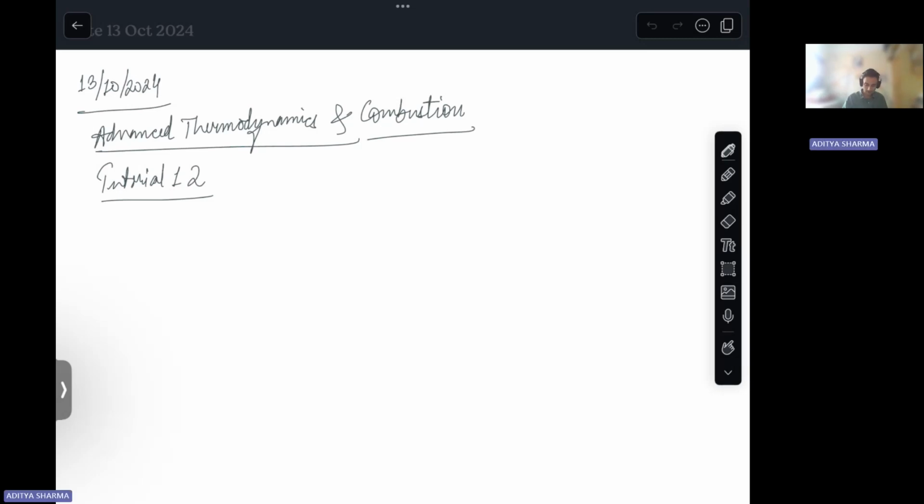Ln is natural log. Now here your kg is thermal conductivity.